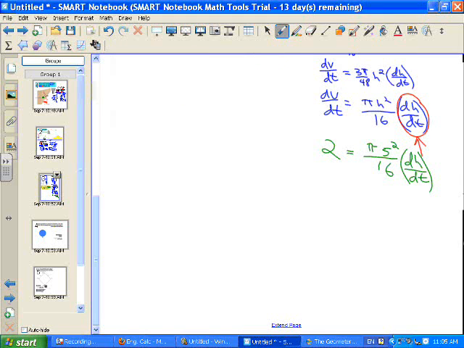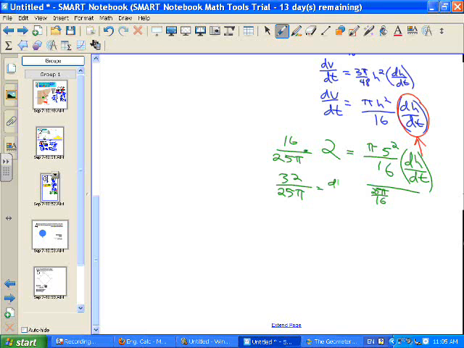That's the same thing as multiplying by 16 over 25 pi. So I'm going to get 32 over 25 pi.